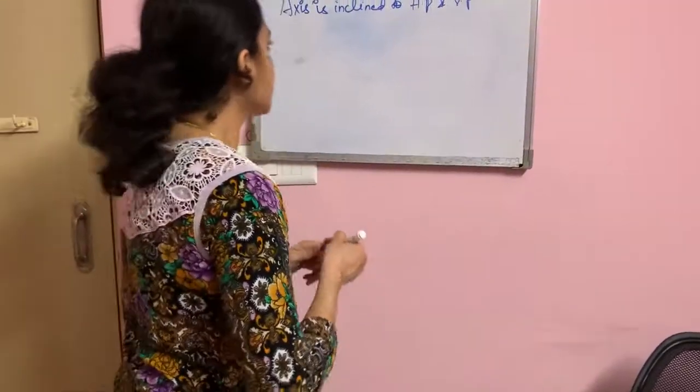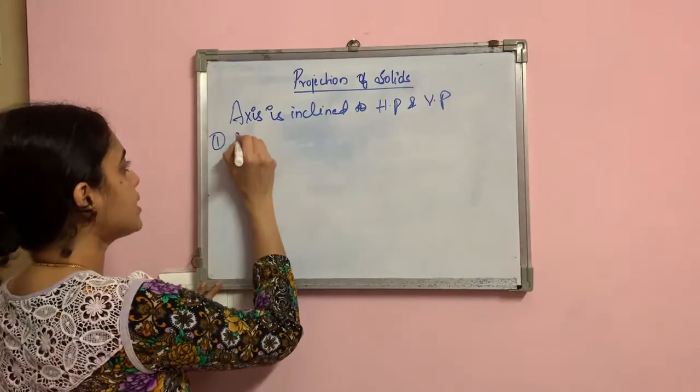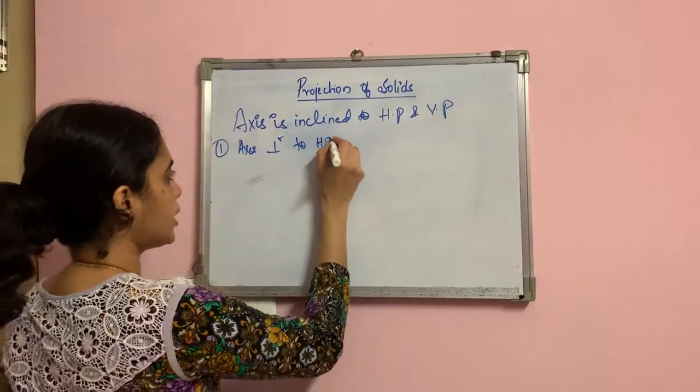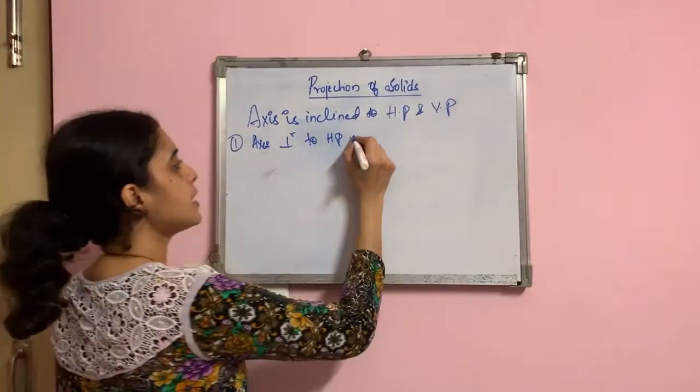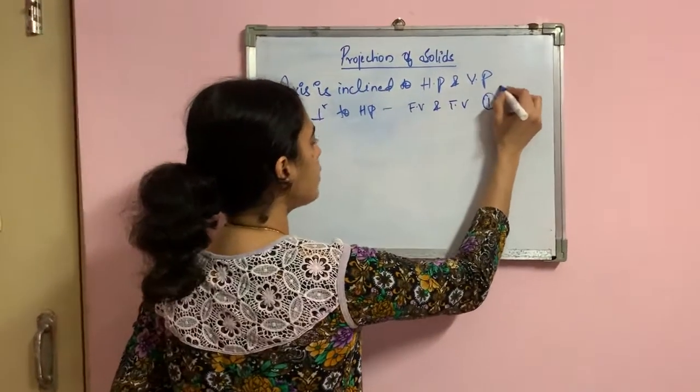In that case, we will always first assume that the axis is perpendicular to HP. Then you will trace out the first front view and the top view. So this is the first step.